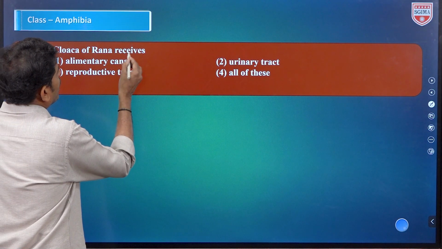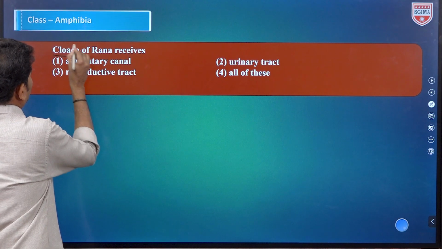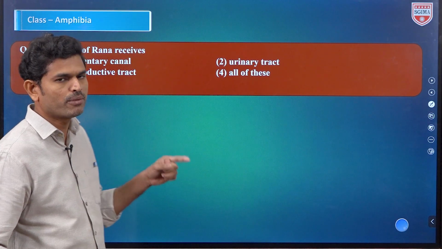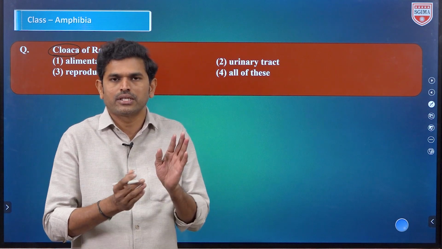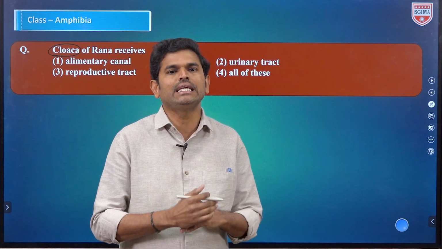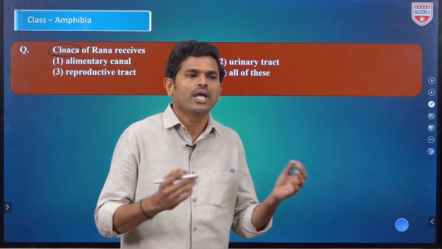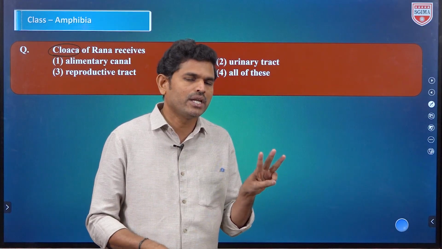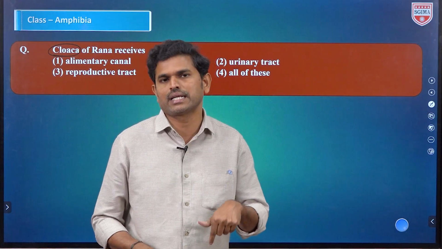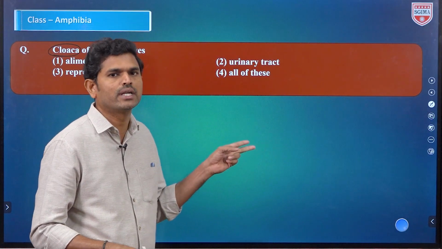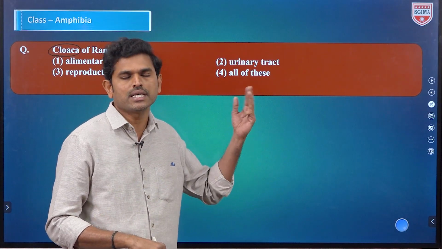The cloaca of Rana receives... Cloaca is the common chamber we discussed so far, and 3 structures open into this chamber, that is, 3 varieties of systems open into this chamber. One is the digestive tract, another is the urinary tract, and another is the reproductive tract.